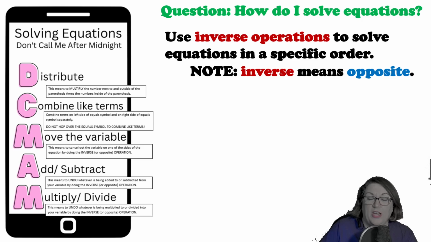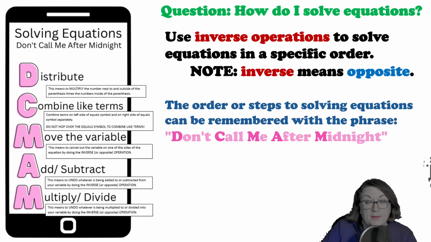For solving any equations, we do something called inverse operations. Inverse is just the mathematical word for opposite. So when we're looking at different things in our equation, we're looking for operators like plus, minus, multiply, divide, and then oftentimes we have to do the opposite of that operator in order to isolate our variable.